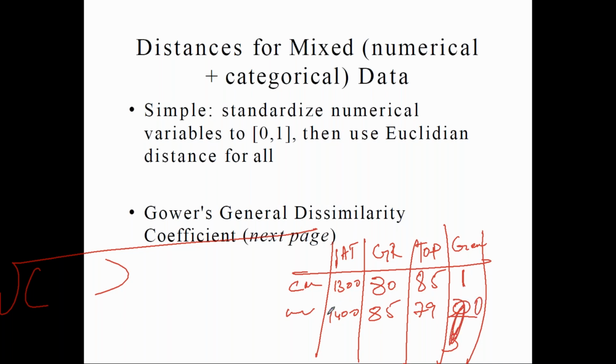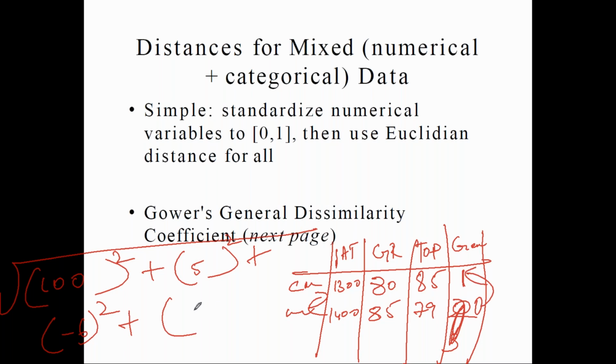So 1,400 minus 1,300, 100 whole square, plus 85 minus 80, 5 whole square, plus 79 minus 85, minus 6 whole square, and 1 minus 0, or 0 minus 1, which is minus 1, whole square. That is x2 minus x1, y2 minus y1, z2 minus z1, a2 minus a1 whole square.